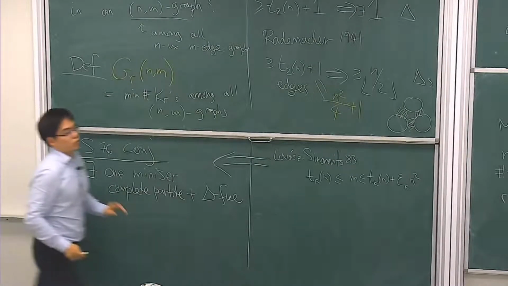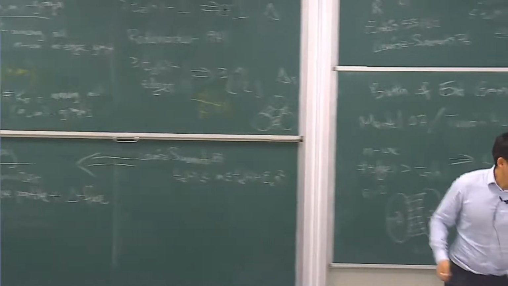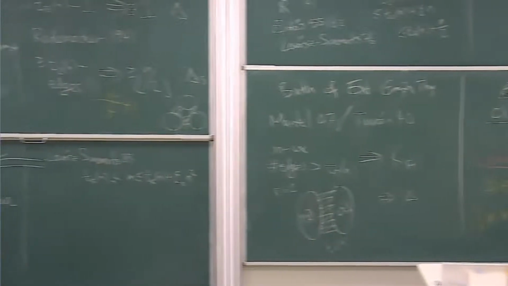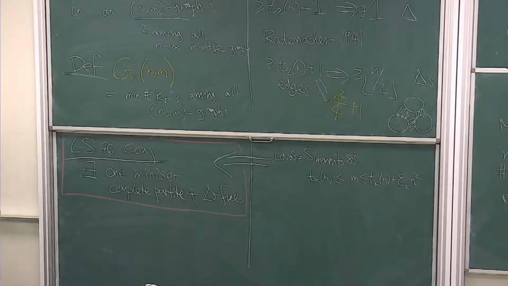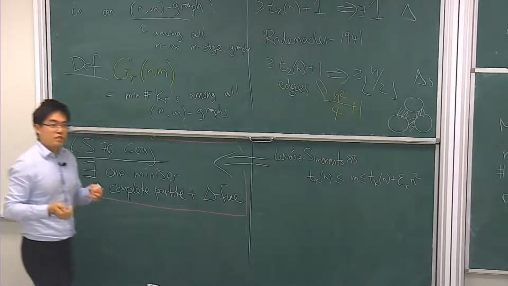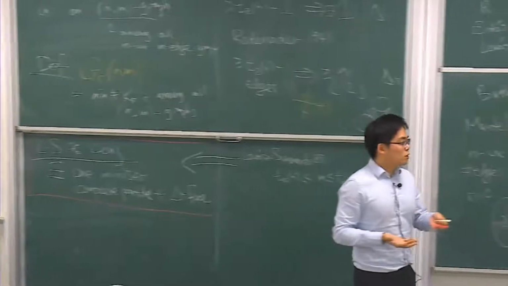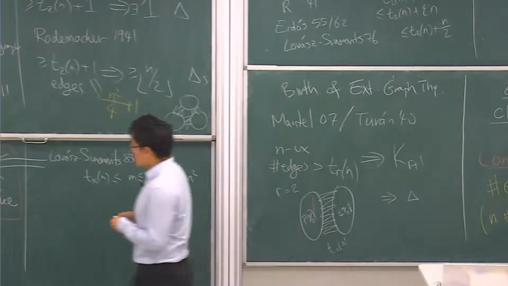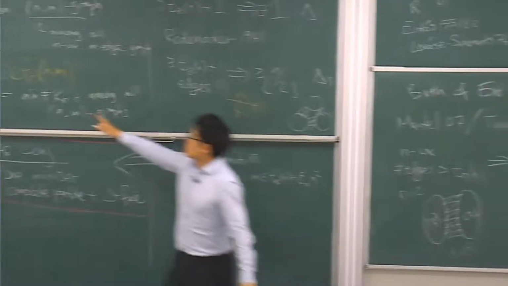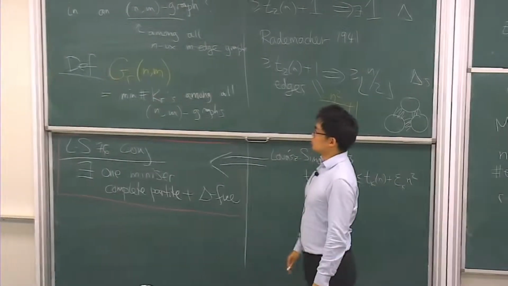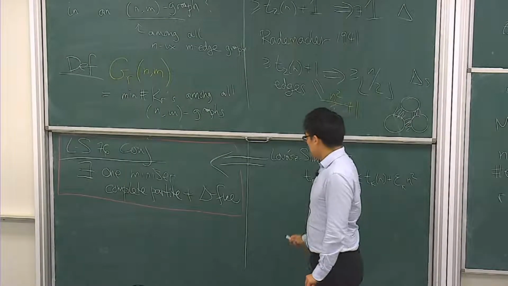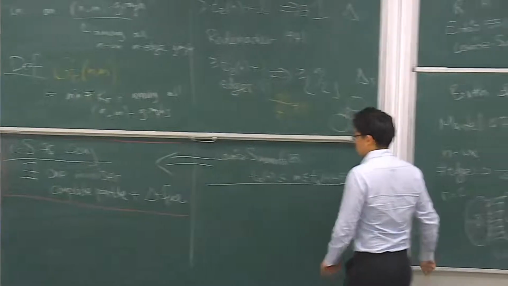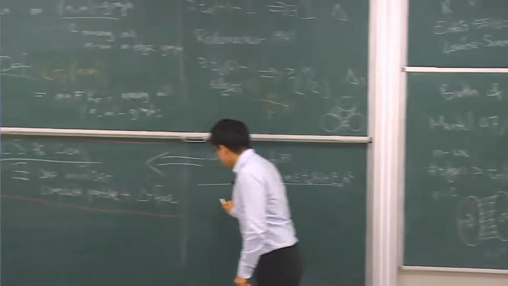This is the question I want to talk about today. What they're saying is that if we are given an n-vertex graph and we know how many edges there are, m edges, and we fix r, our favorite r, you look among all n, m graphs for the minimum number of K_r's, then among all the minimizers, one of them must look like this.